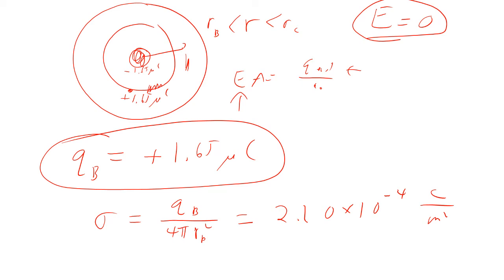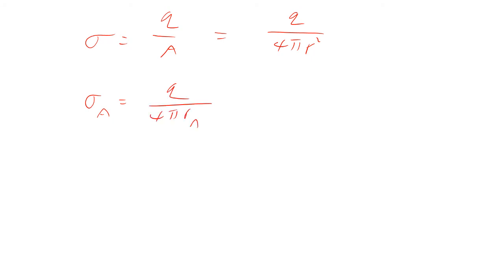By the way, interesting thing, we know that sigma is going to be Q over A. So for spherical systems, that means it's Q over 4 pi R squared. Okay, and so if we had sigma at point A, remember that was Q over 4 pi RA squared.